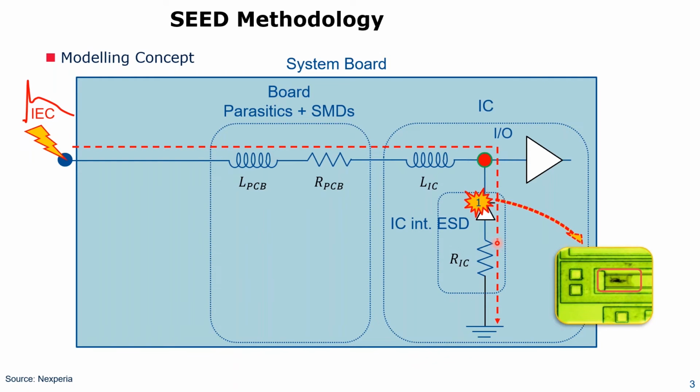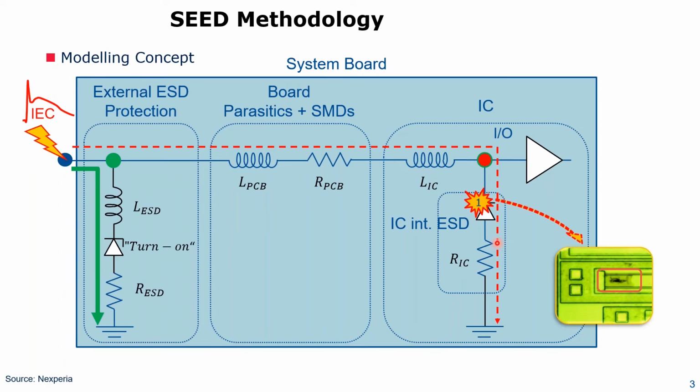Now, let me add an external ESD protection here. Now we have a TVS here. If well designed, the ESD protection will take the current, and only a little current flows in the IC. This can be a race condition, because if the external TVS is badly selected, then the internal protection will actually protect the TVS.